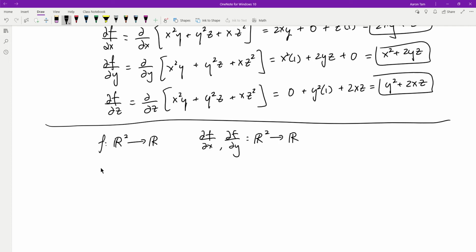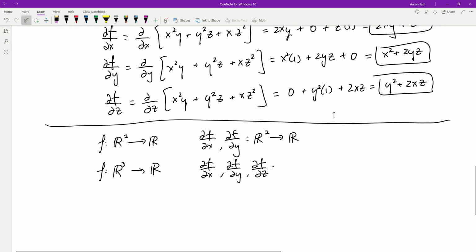Now, more interestingly, if you look at our second example, which maps from R3 to R, df over dx, df over dy, df over dz, all three of them involve x, y, z, and they actually all give us one single number. So notice this pattern. Remember that forming patterns is a very powerful tool in learning math, and therefore implies the following.